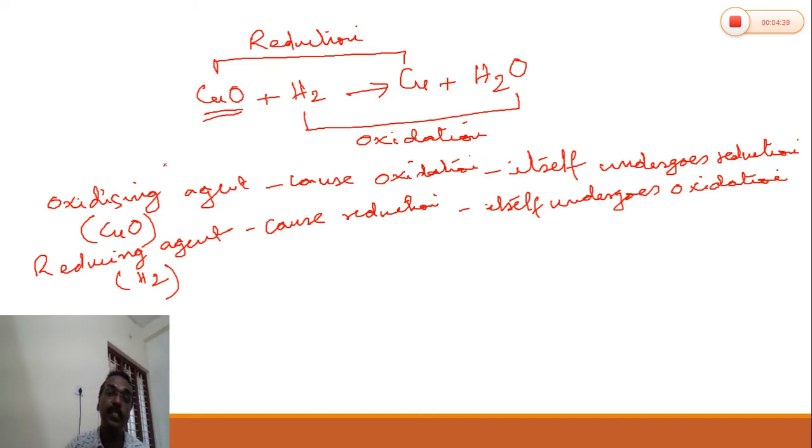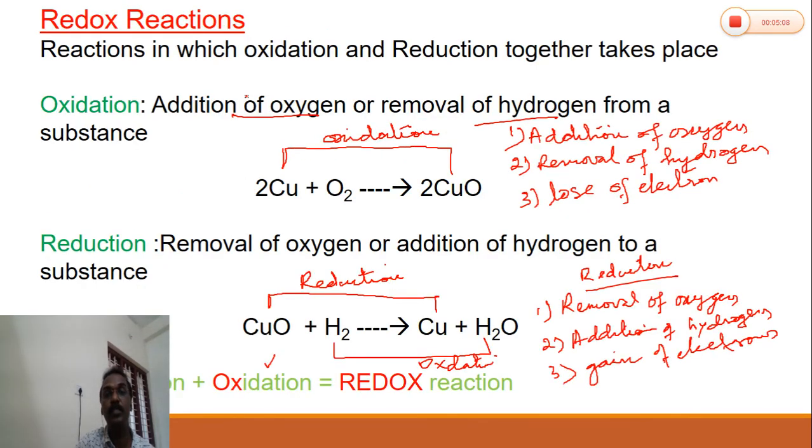So an oxidizing agent causes oxidation, but itself undergoes reduction. Copper oxide is reduced to copper; it has oxygen to give, so it is the oxidizing agent. The reducing agent takes oxygen and itself undergoes oxidation. So hydrogen is the reducing agent and copper oxide is the oxidizing agent. That is oxidation and reduction together, the redox reaction.